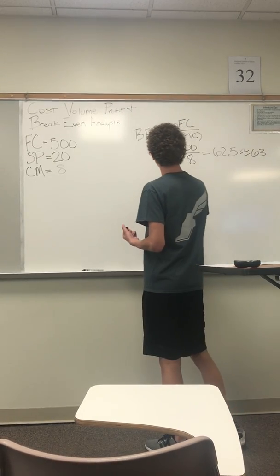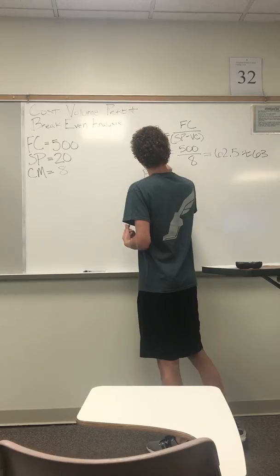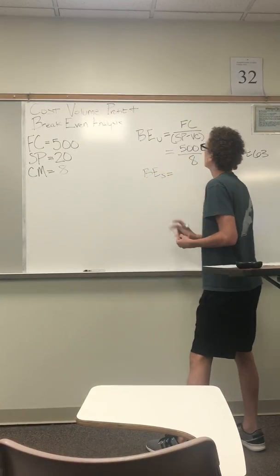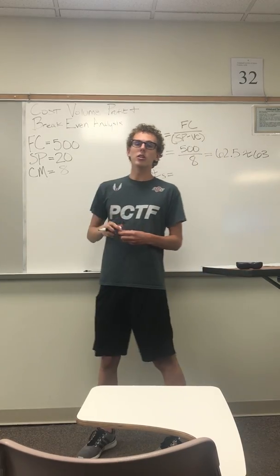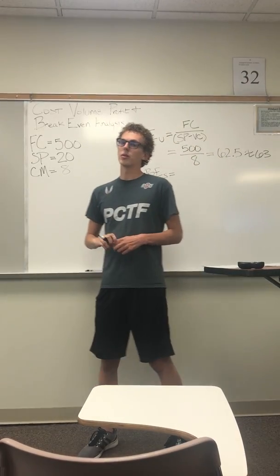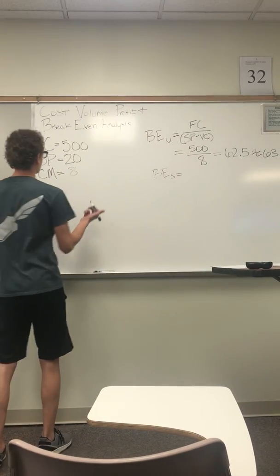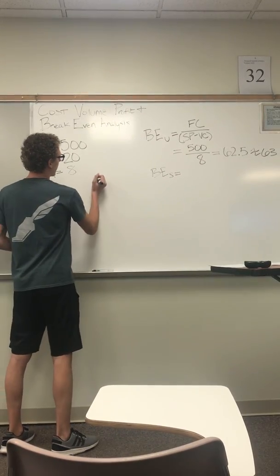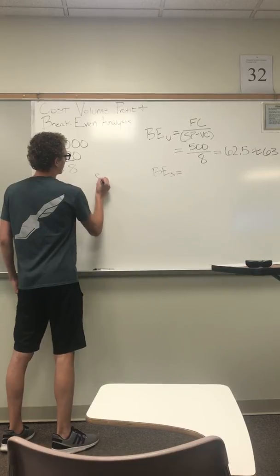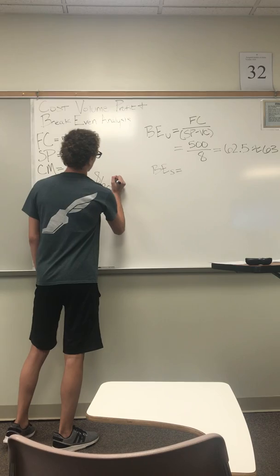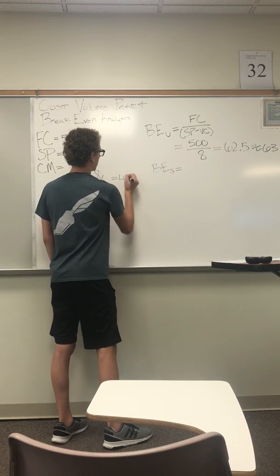Now, break even in sales is pretty similar. Instead of dividing by the contribution margin, we divide by the contribution margin ratio. That's pretty simple to calculate. All we have to do is divide the contribution margin by the sales price, and we get a percent.